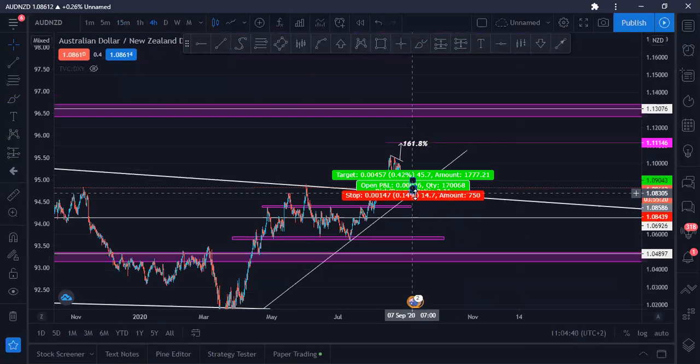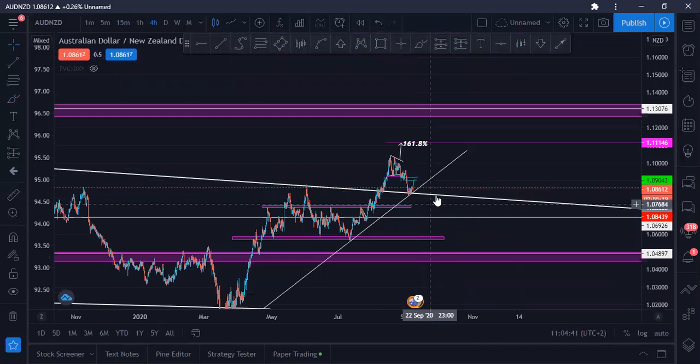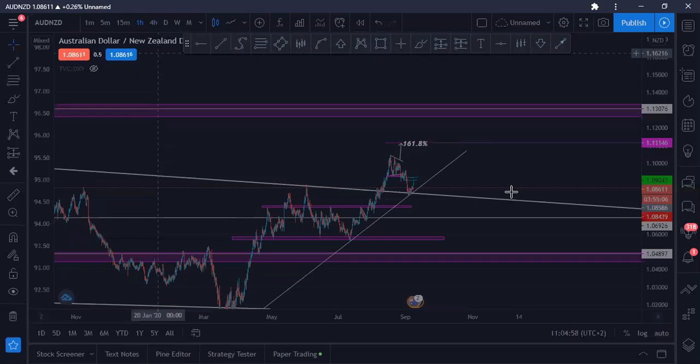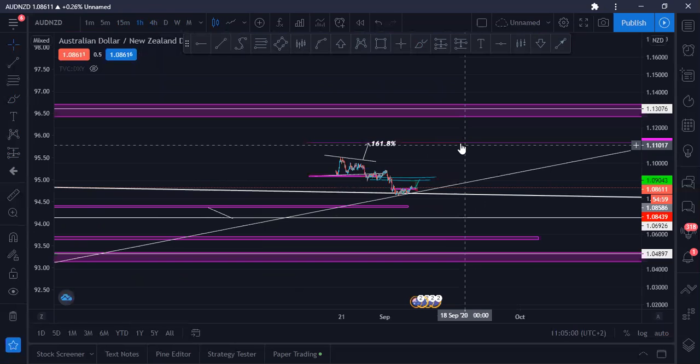If we lose this level here and get below this trend line, then only will we be looking for selling opportunities. But I honestly feel this thing is going back up. So this trade that I placed here could be an awesome trade to the upside, and it could even potentially go higher than that. So if we enter two trades, one with a higher target, around here, maybe at around 1111, that would be a nice trade as well.